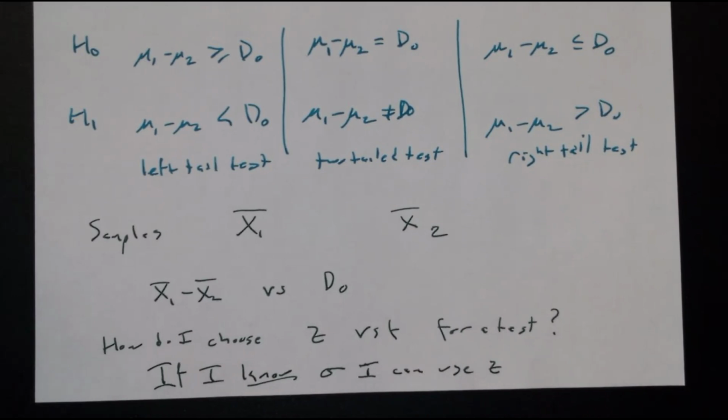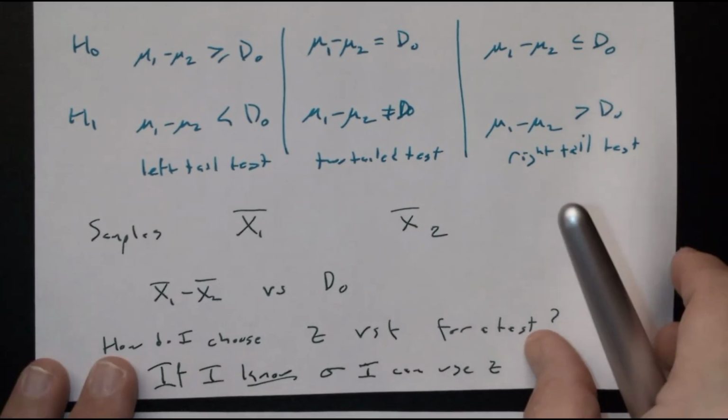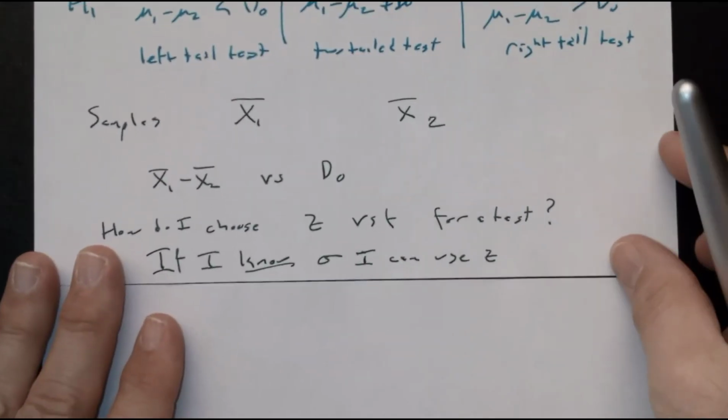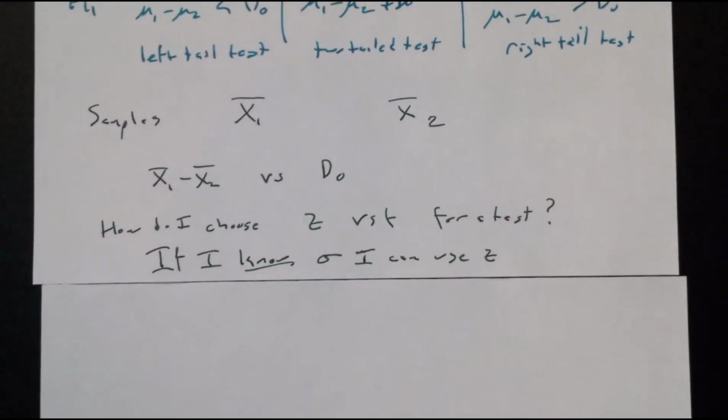Now, in general, knowing sigma is rare. It is hard to know the entire population variance. On the other hand, if I don't know sigma, I can use S. And when I use S, that comes from my samples.